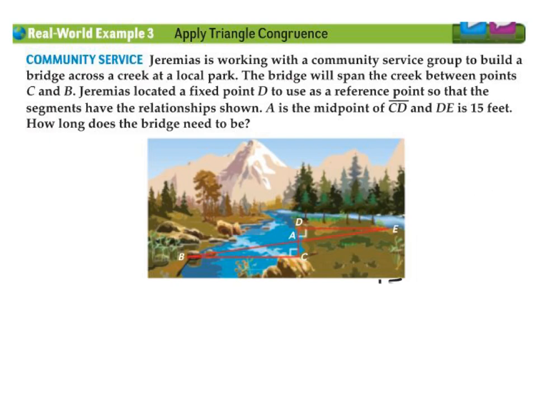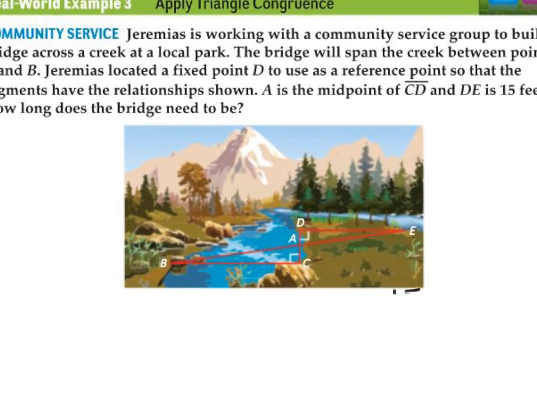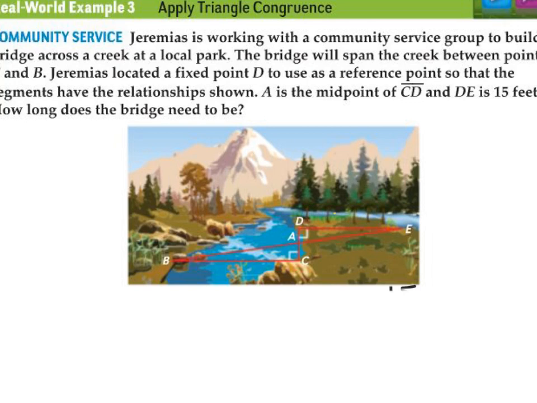So, what we do in this picture, okay, so I'm going to label some things. DE I know is 15 feet. A right here is the midpoint, okay. I can tell I have two right angles, so those are going to be congruent, right? Remember, A being a midpoint means that DC is going to be cut in half, okay?